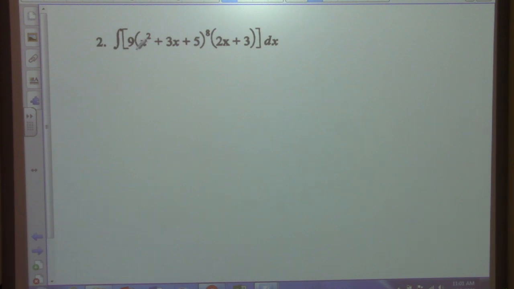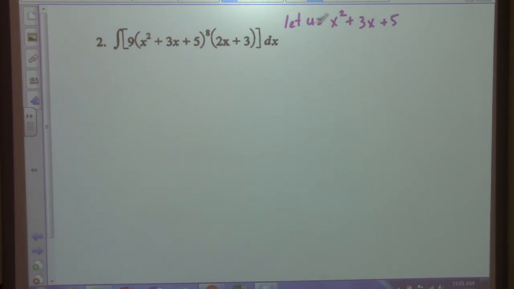Okay. So basically, we're going to let u equal this. Usually the more complicated looking thing is what you let u be equal to, all right?